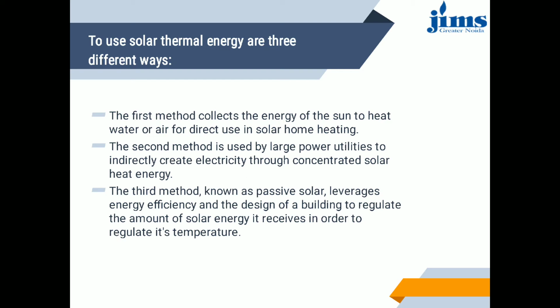The second method is used by large power utilities to indirectly create electricity through concentrated solar heat energy. The third method is known as passive solar, which leverages energy efficiency and the design of a building to regulate the amount of solar energy it receives in order to regulate its temperature.